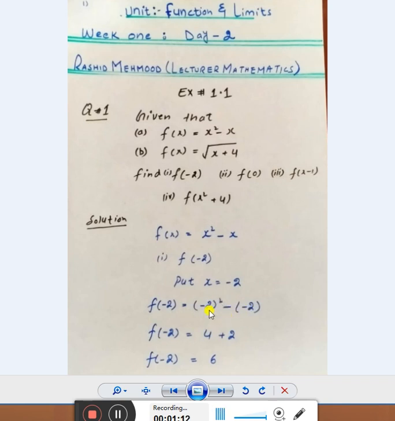Because of the square the negative sign is removed and we have 4, and minus minus becomes plus 2, so 4 plus 2 is 6. So the value of this function f(x) = x² − x when we put x = −2 is 6.